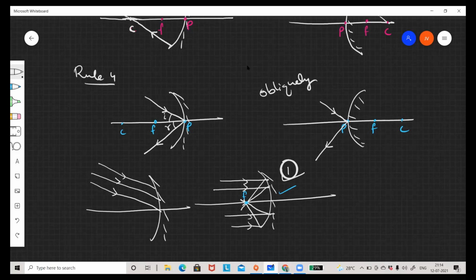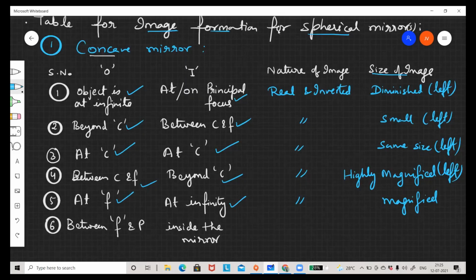These rays don't intersect on F. Instead, they intersect at a point on the focal plane. The first case is highly magnified and the next is just magnified.